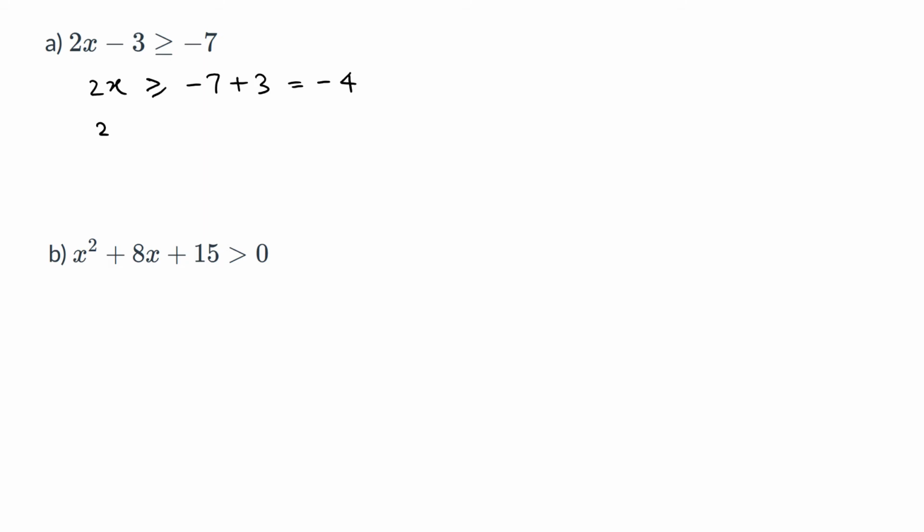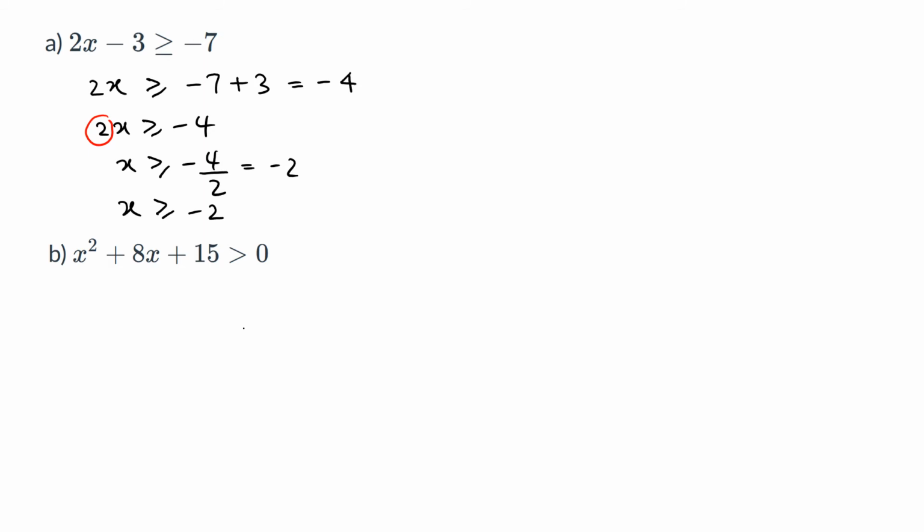If you rewrite it, you have 2x greater than or equal to -4. Now we divide by 2. Since 2 is a positive number, dividing is not going to change the inequality. So it is -4 divided by 2, which is -2. So this says x is greater than or equal to -2. That's the solution. That means the solution is any number which is equal to or greater than -2.